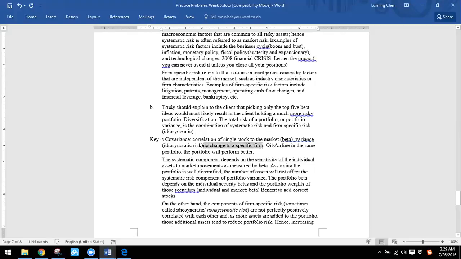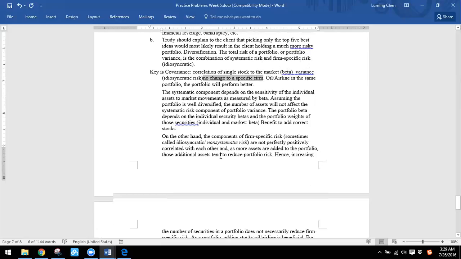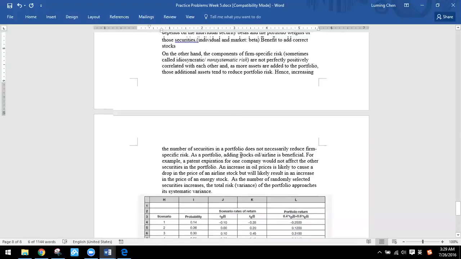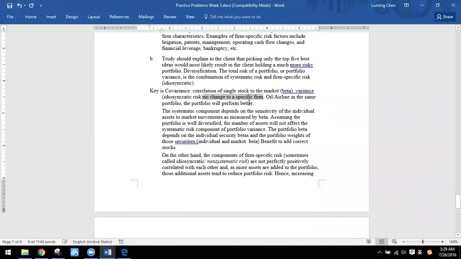There is no change to a specific firm because the risk of a firm is a risk of a firm.